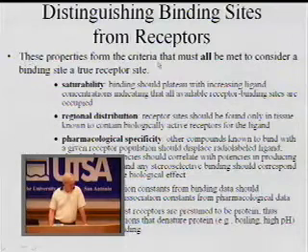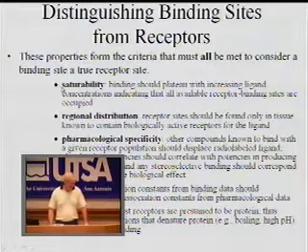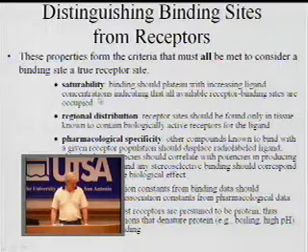So these properties form the criteria that must all be met to consider a binding site as a true receptor. So it has to show saturability. We saw that. Binding should plateau with the increasing ligand concentration, indicating that all the receptor sites can be occupied.